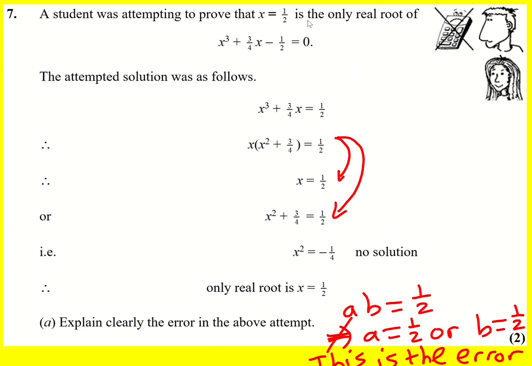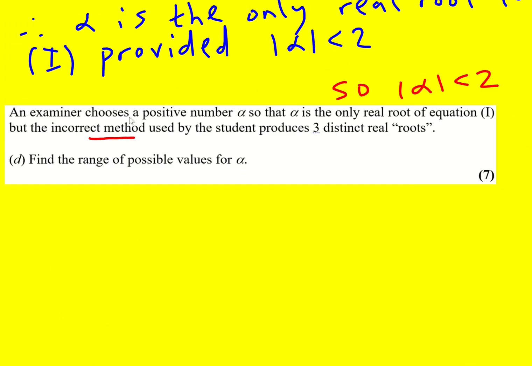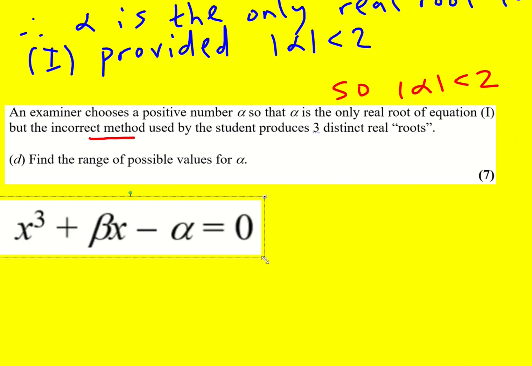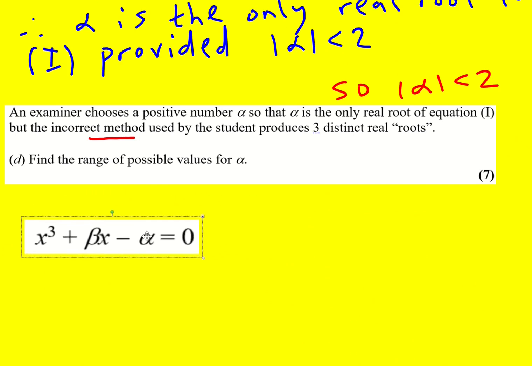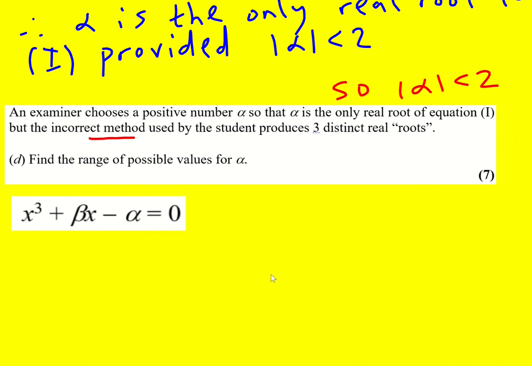So they got the number onto the other side, and then they factorized out the x, and then they set them equal. Strange doing maths using an incorrect method to see what happens, but that's what we're doing.